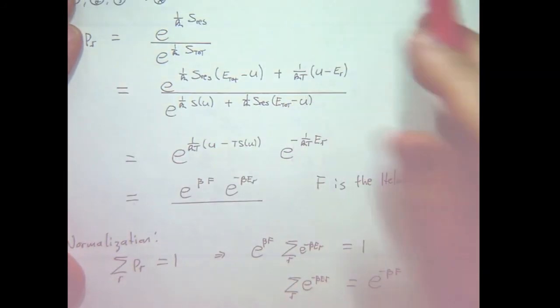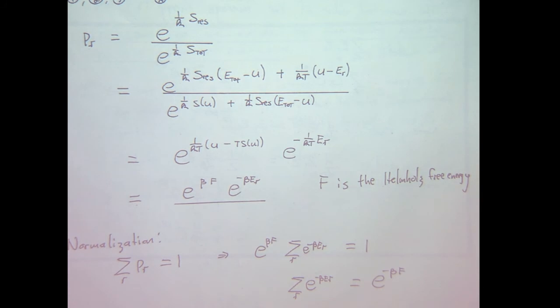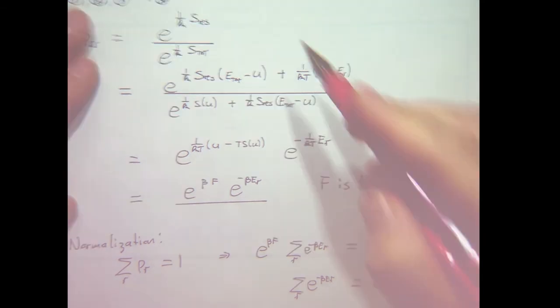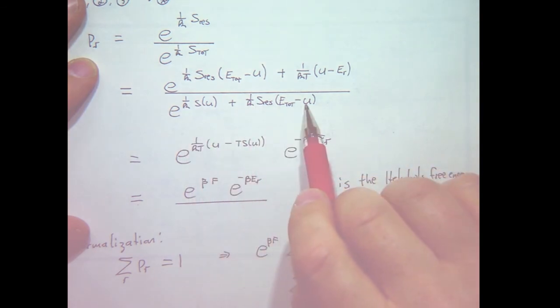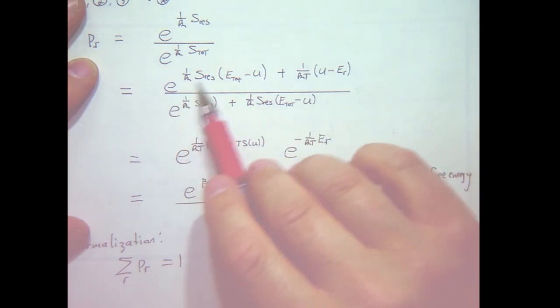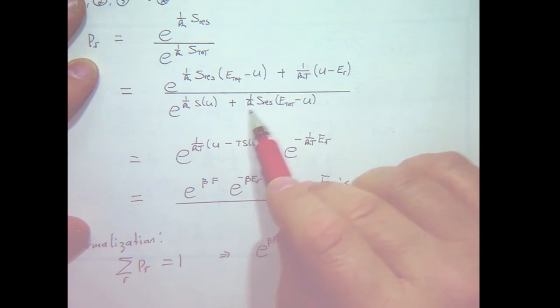But remember when we did the thermodynamics, all the quantities to do with the reservoir cancelled out, and all you got was a focus on the system of interest. So look what's happening now. That's e to the that in the denominator, e to the that in the numerator, that cancels out.